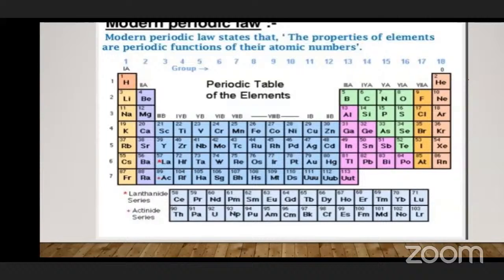Till the end of the period, the shell does not change, but unlike in a group, there is no addition of shells. Across the period from left to right, the number of shells stays the same.